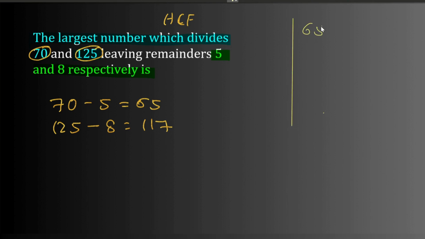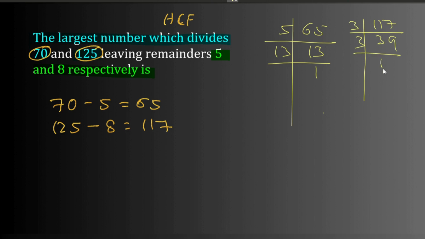The first number is 65, which is divisible by 5, giving 13, and 13 one time. Similarly, the other number 117 is divisible by 3, giving 39, and 3 again, 13, and 13 one time. So clearly, if I write once again 65 as 5 into 13, and 117 can be written as 3 square into 13.